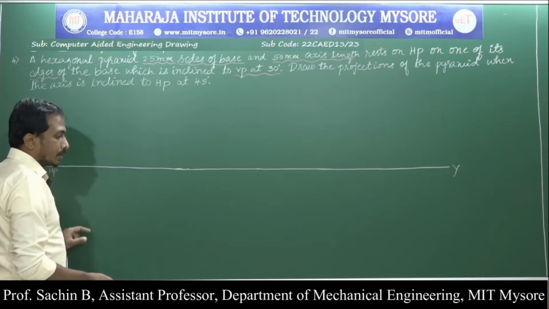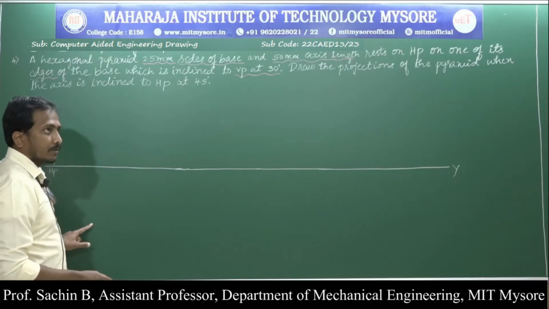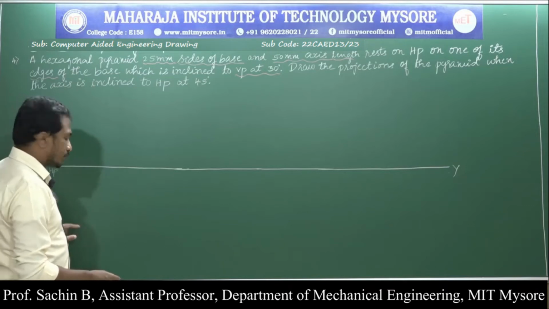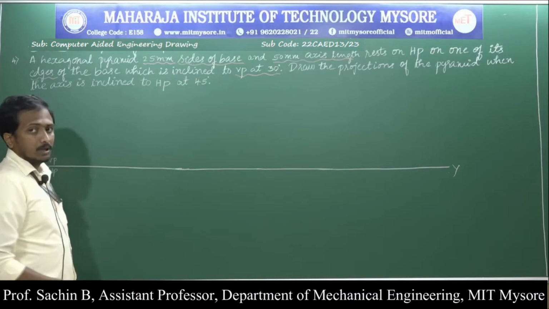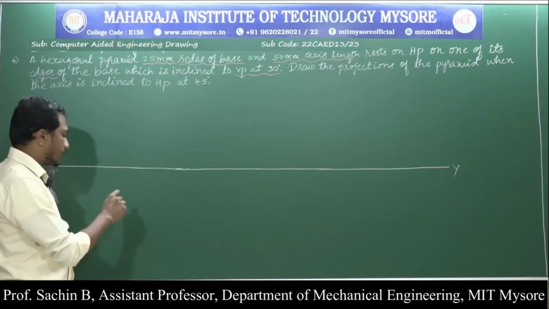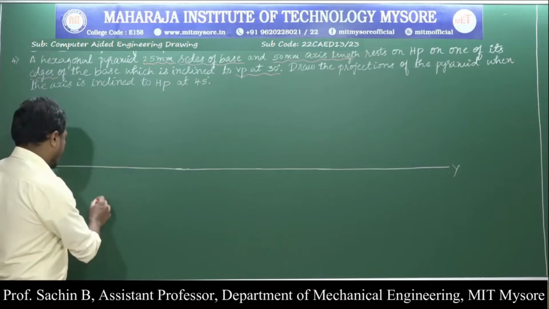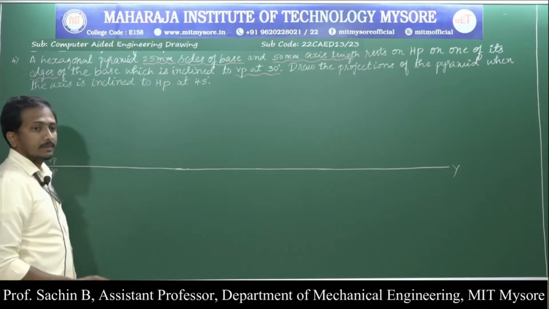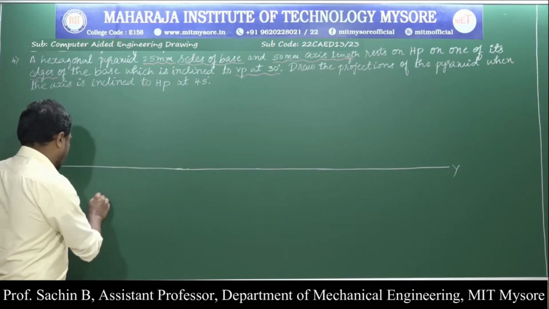You have already come across how to construct the hexagonal lamina in your planes chapter. In the first position, you know how to construct it based on the edge condition. I am not explaining how to construct the hexagonal lamina here. I am just drawing the hexagonal lamina directly because you already know it.